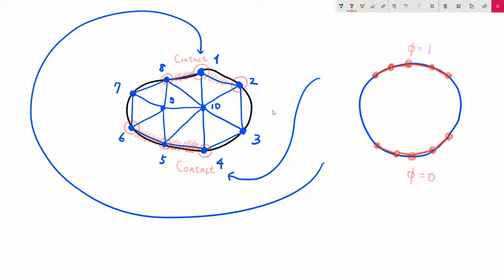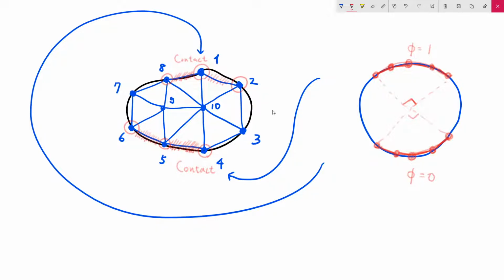For example, you can consider half 90 degrees for your top contact and another 90 degrees for your lower contact, but it really depends on your choice.